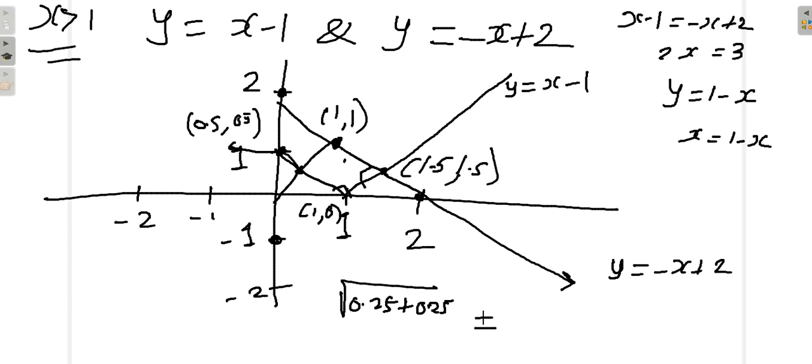That will be square root of 0.5. This also will be the same, 0.5 whole square plus 0.5 whole square. So length and breadth will both be 1 by root 2, and the answer will be 1 by 2.